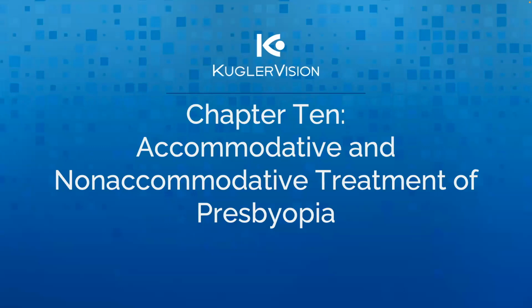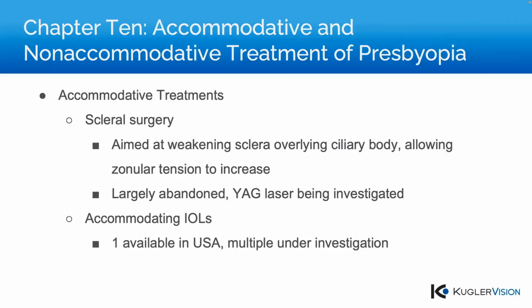So final chapter here, talking about accommodative and non-accommodative treatments of presbyopia. There are some scleral surgery options for accommodation treatments in presbyopia, not commonly performed anymore. These are basically aimed at weakening the sclera overlying the ciliary body that allow zonular tension to increase the accommodative amplitude.